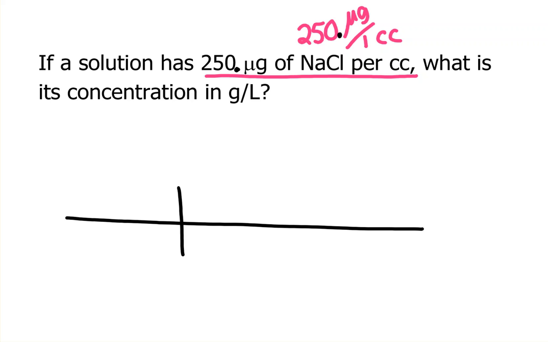So in this case, what you'd want to do is look at what your answer is supposed to be. And I see that this is mass over volume. And so I should try to start with a mass over a volume. And we can do that because our micrograms per cc is a volume. So I'll put this in here.